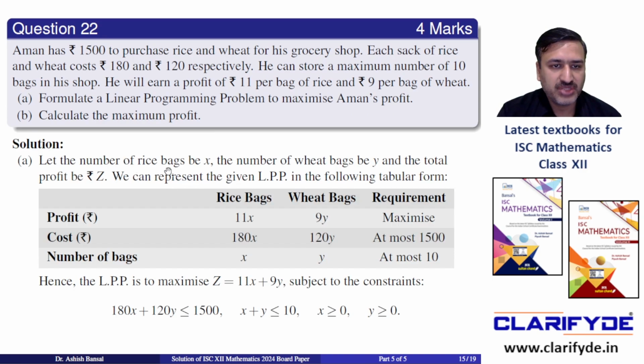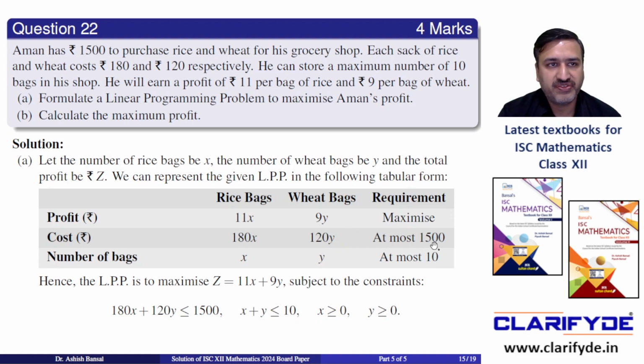So let us assume that the number of rice bags be x, number of wheat bags be y, and the total profit be rupees z. So the given information can be expressed in tabular form like this. Profit for rice bags, wheat bags can be written 11x, 9y, cost is 180x, 120y, number of bags x, y, and this is the requirement. We have to maximize the profit.